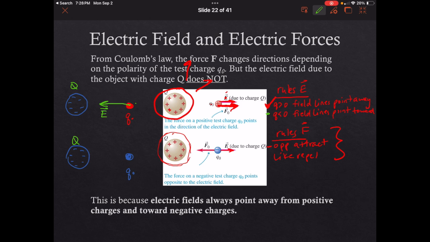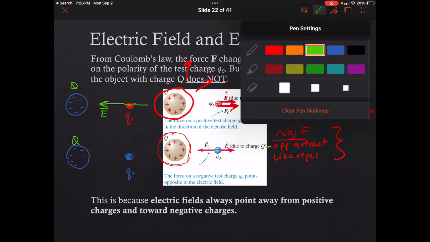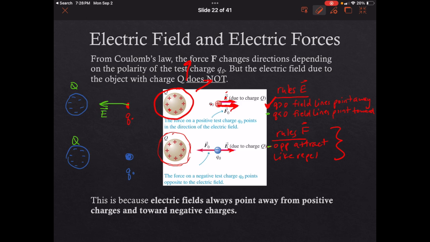Let's look at this rule: opposites attract. Our force is actually going to also be pointing in the same direction because opposites attract.